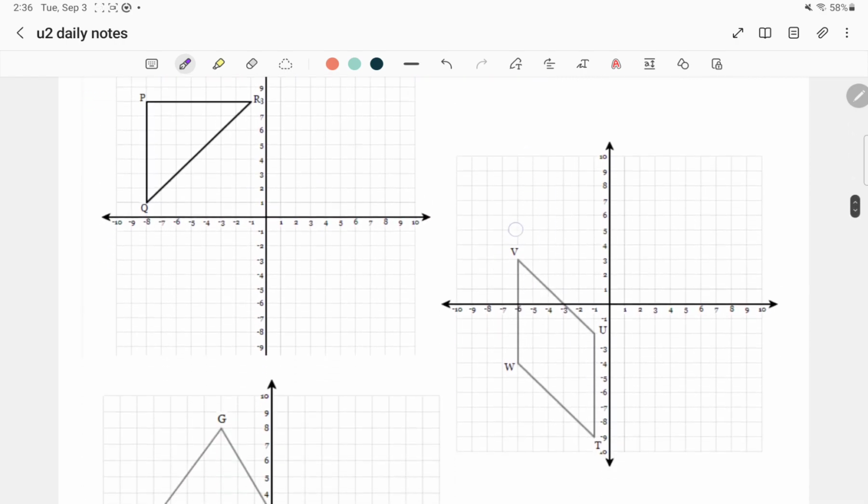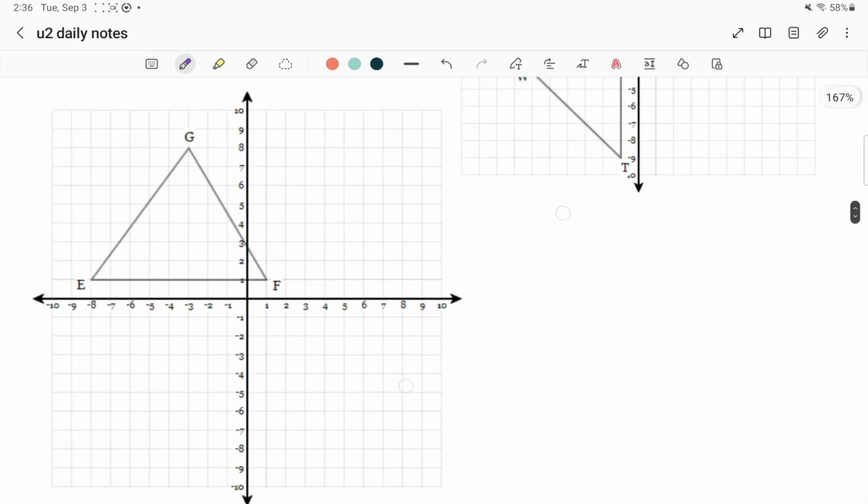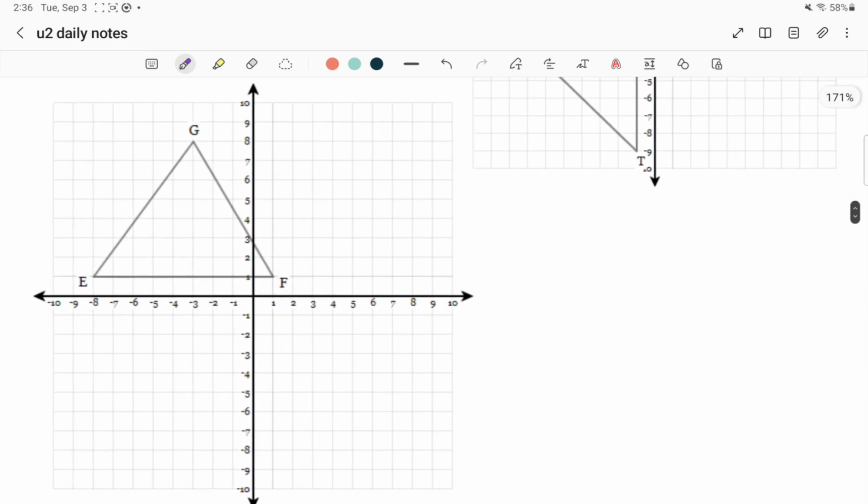So let's take a look at this triangle right here because it's a little bit tougher, and I'll show you why. So my points are already plotted because I designed it that way. You'll still have to plot these points, but it's all good. I see that this one is perfectly horizontal, which means I can count this one.